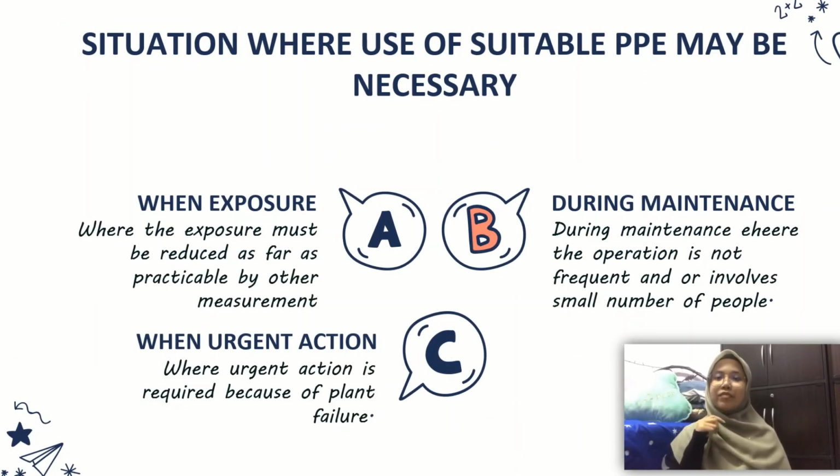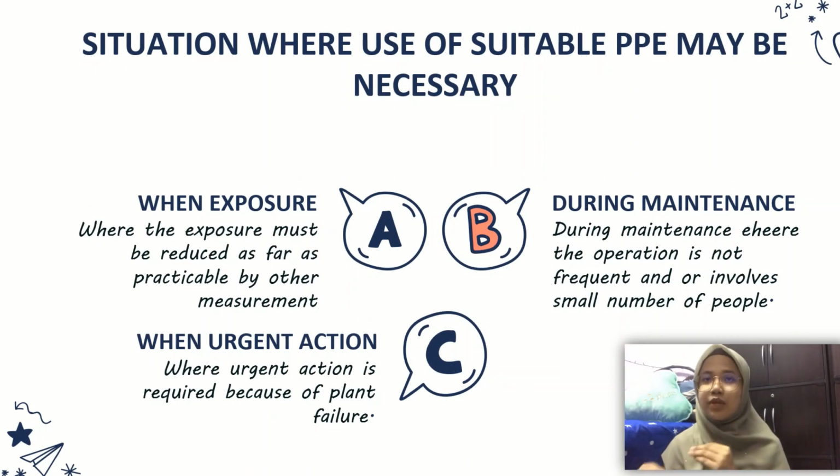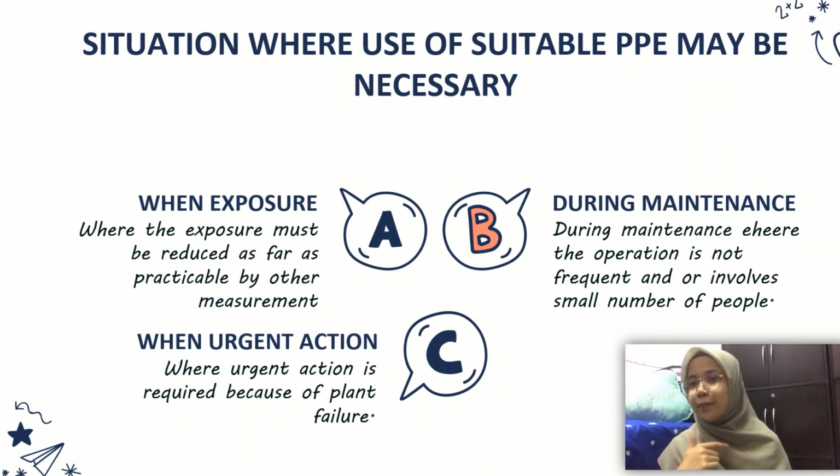I know everyone knows about PPE, but not everyone knows in what kind of situation we are allowed to wear it. Situations where use of suitable PPE may be necessary are: during exposure, during maintenance, and lastly when urgent action is required. First, when exposure must be reduced as far as practicable by other measures.